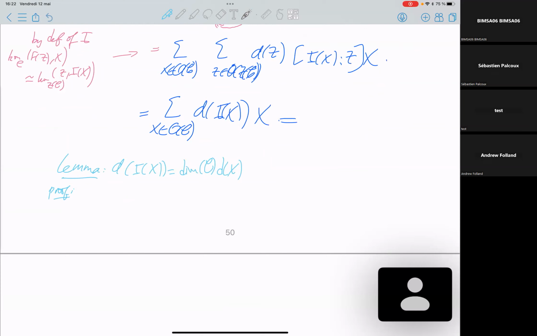Or claim, maybe claim is good. So we will use this claim for the next equality. Let me state the claim first. Let me prove it now.